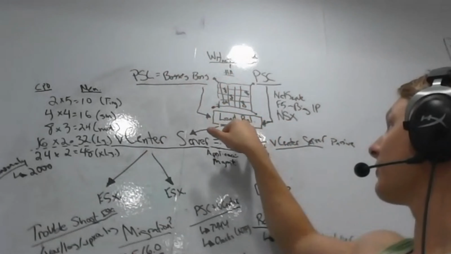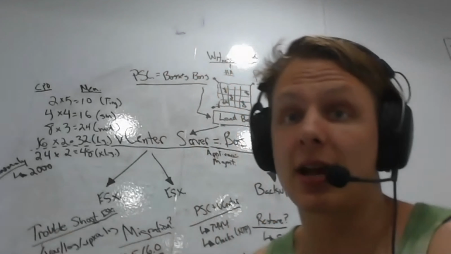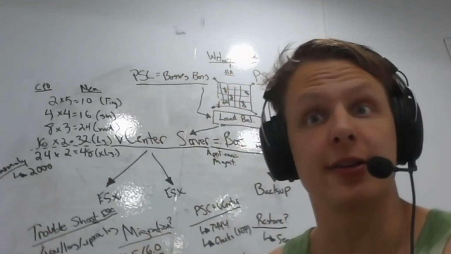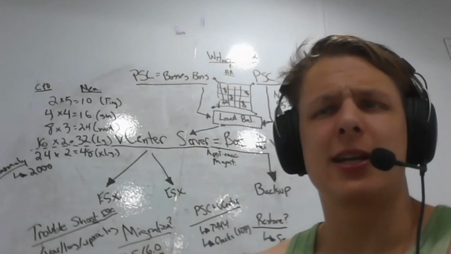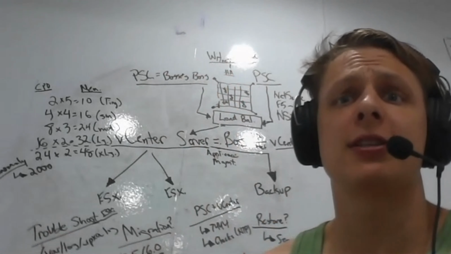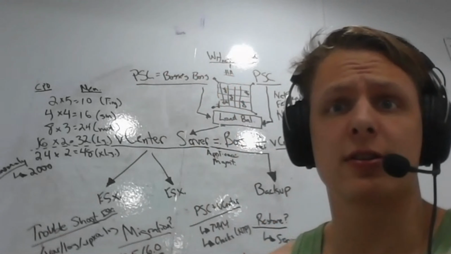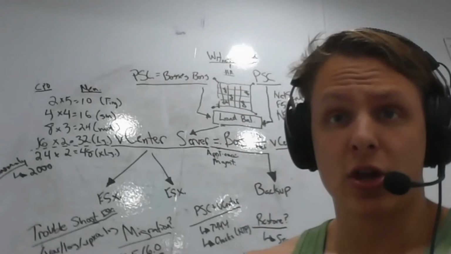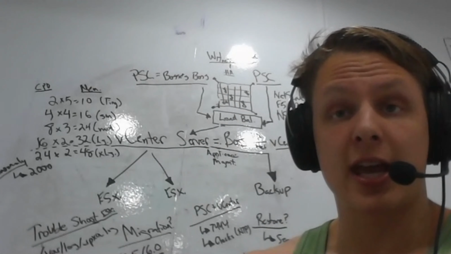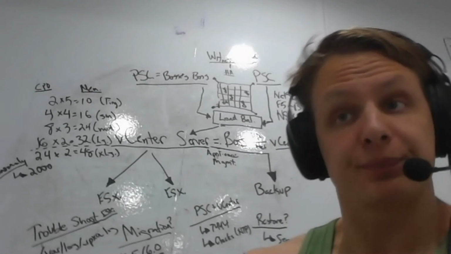Extremely important. There's going to be questions around how the witness is communicating with the vCenter server, and how the vCenter servers are communicating with each other. They are communicating with each other through the HA network, all three of them.